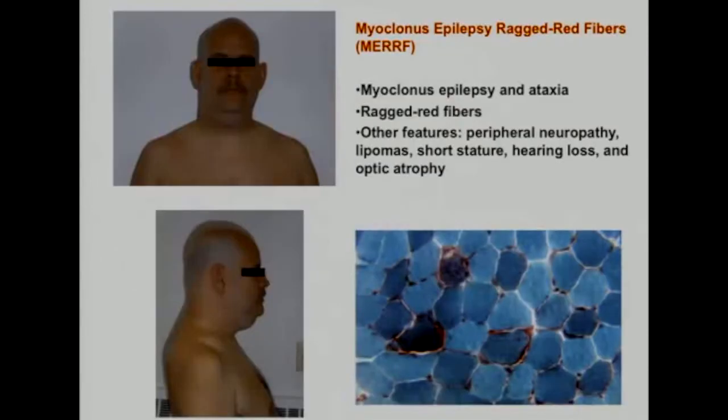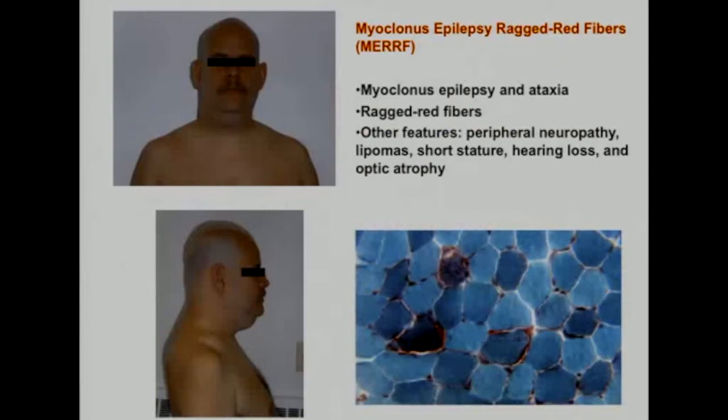This is another disorder that's one of the classic mitochondrial disorders, MERRF, which stands for, we have a lot of acronyms in mitochondrial diseases, myoclonus epilepsy and ragged red fibers. It's hard to show myoclonus and epilepsy in a picture, so I'm showing a patient with another feature of this condition. Here you can see he has lipomas under his chin and over his shoulders.